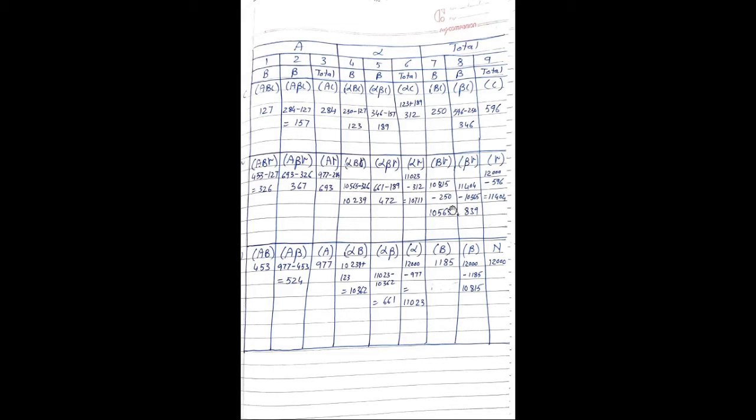From 10,565, this value, we can subtract 326 to get alpha B gamma. The value becomes 10,239. If you add 123 in that, you are going to get alpha B. So the value becomes 10,362.